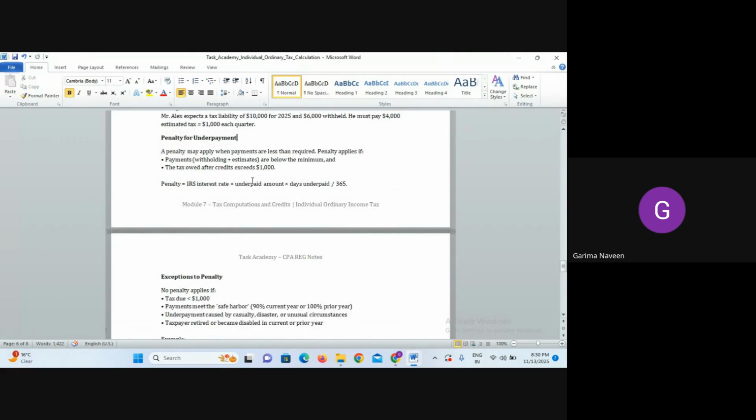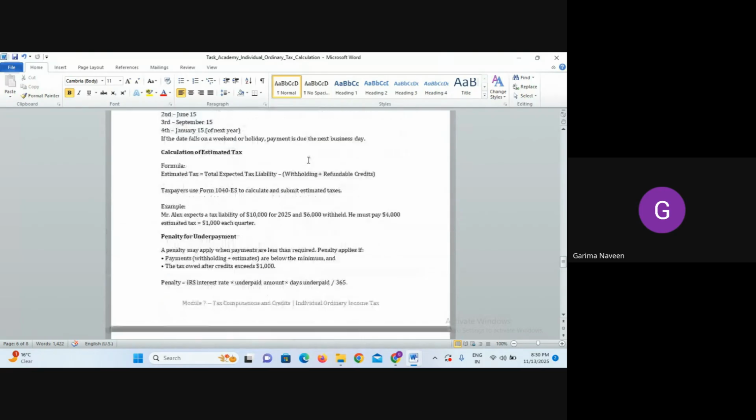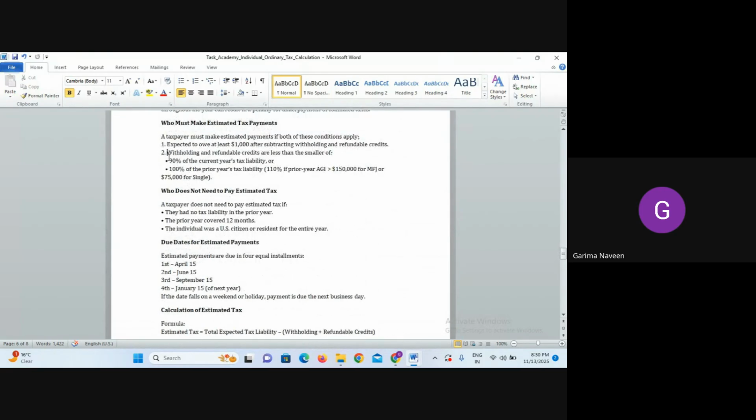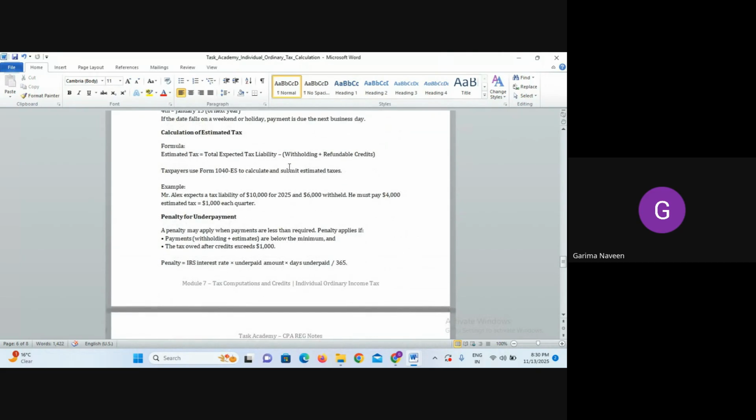Okay. A penalty may apply when payments are less than required. So this is the required amount. Penalty will be applied if you have not paid this amount, or your tax liability after withholding or refundable credits is $1,000 or more.